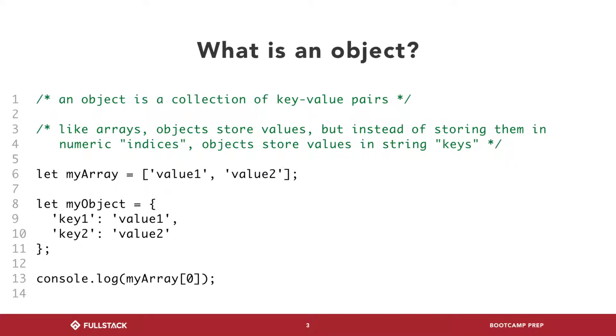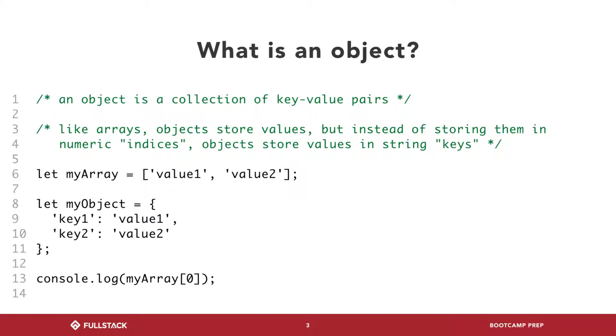And then this is how an analogous object might look. Now rather than having value 1 be at index 0 and value 2 be at index 1, we have a minor object, right? We use the curly braces here to specify this is in fact an object. And we just have a collection of keys and values, right?